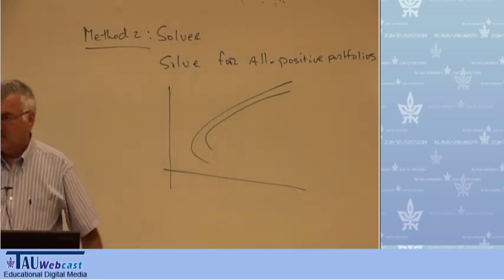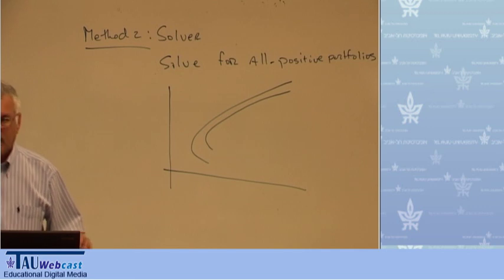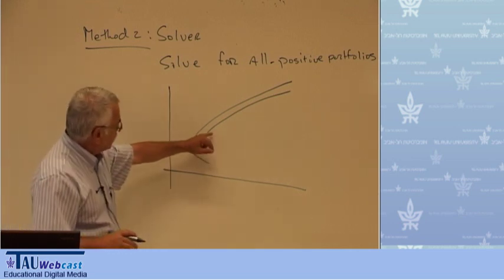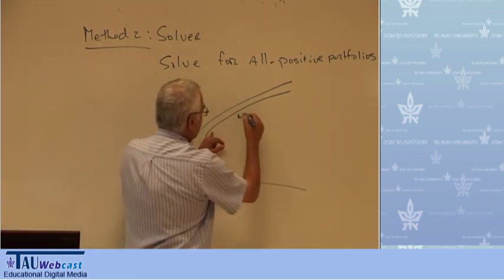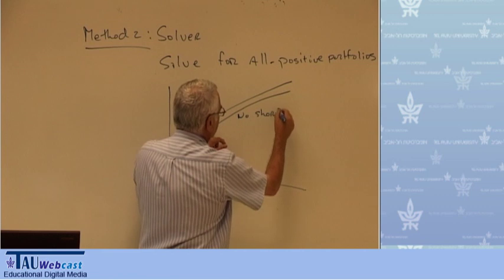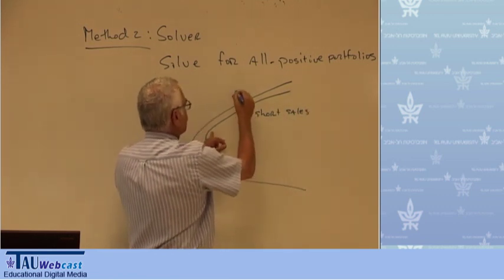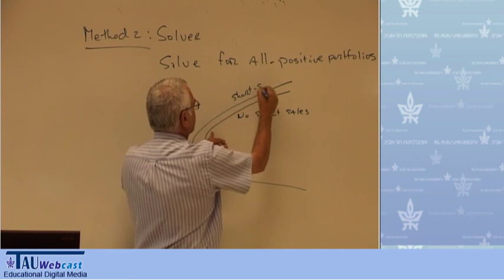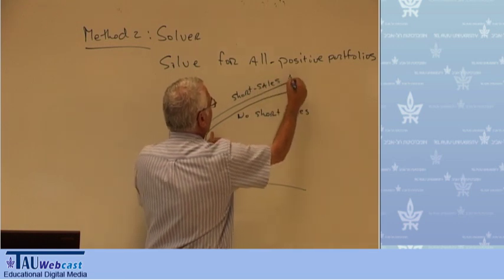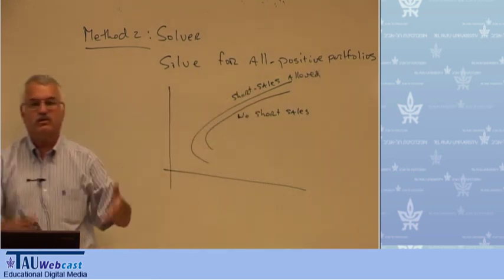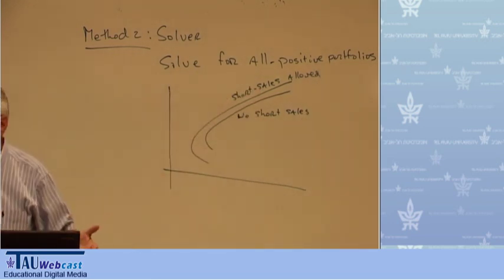So if it's completely inside, if this frontier is the no short sales and this is the short sales allowed portfolio, if it's like this, then you know that there's no all positive portfolio.